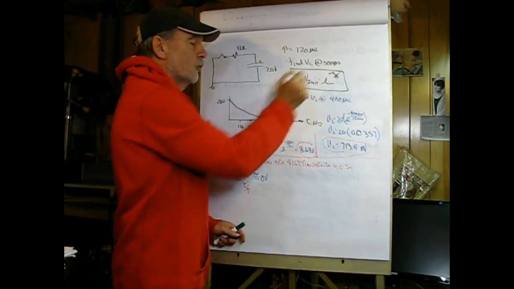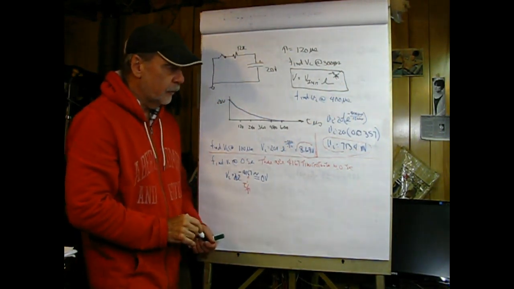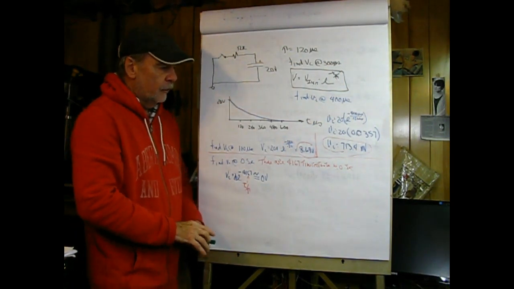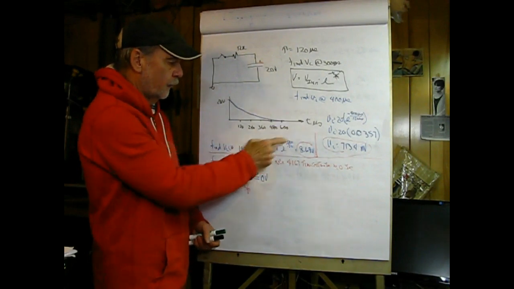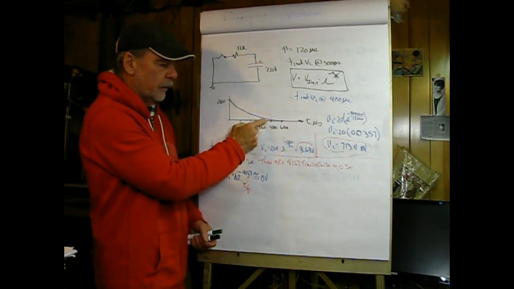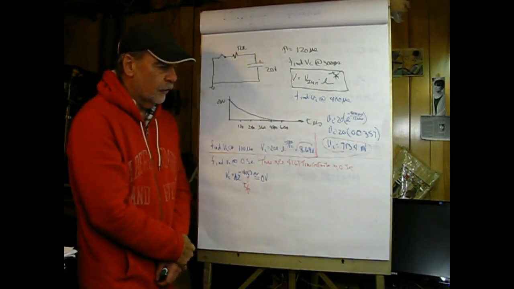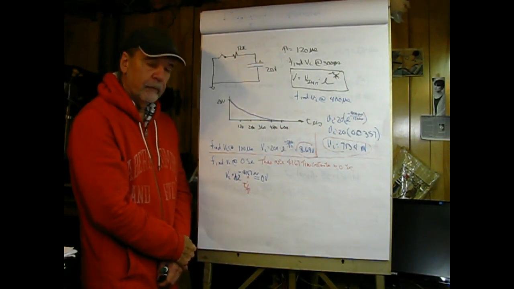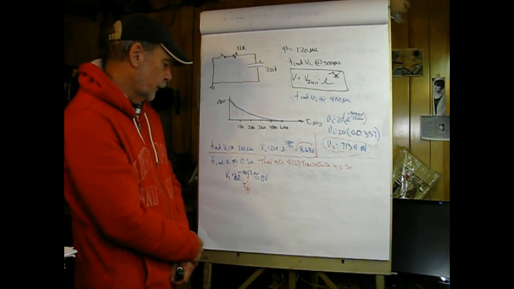So that is the second important formula that we have here. And plugging in our values here, as we see that at 400 microseconds, which would be about here, our voltage is 713 millivolts. So we're getting close to 0 with that.